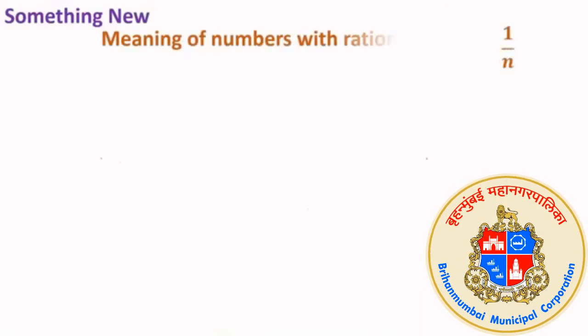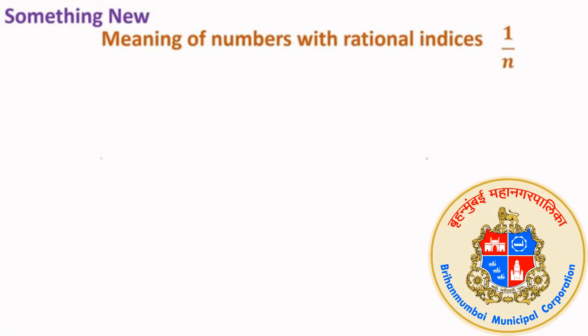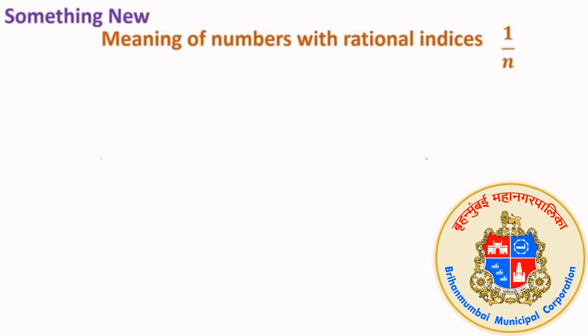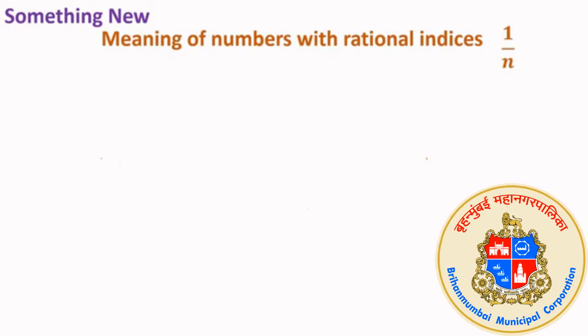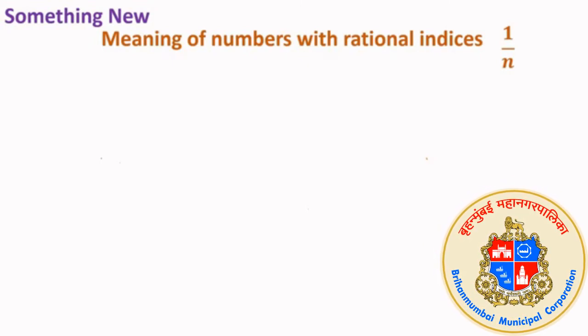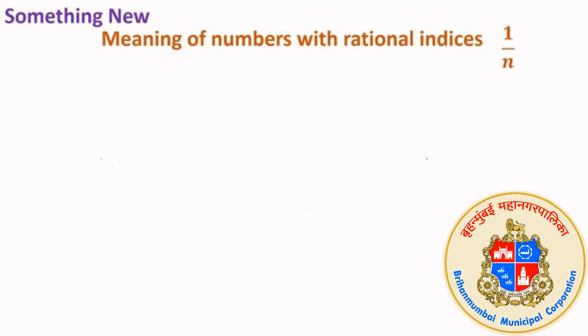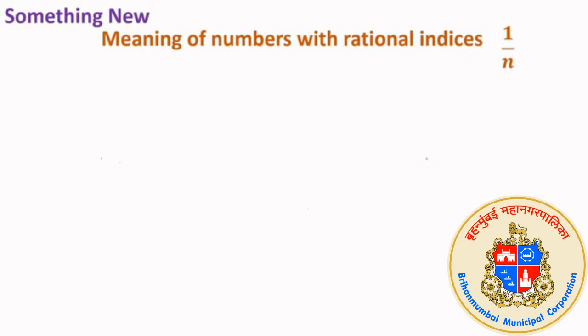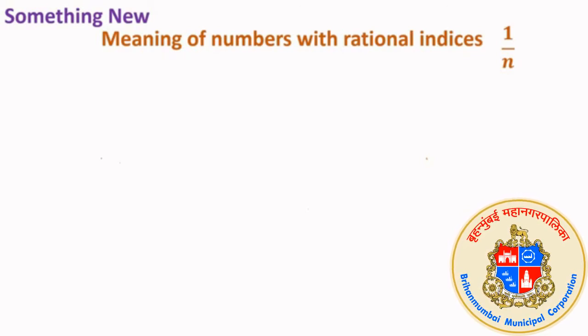There is something new for you. What is that? When we talk about index of a number, power of a number, normally we used natural numbers, and even in the laws we used 0 also, and very rarely we used negative numbers.